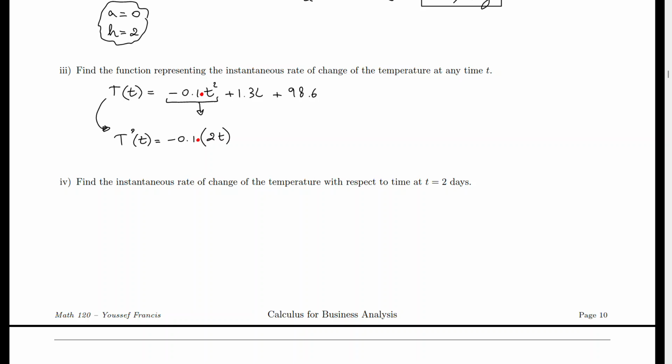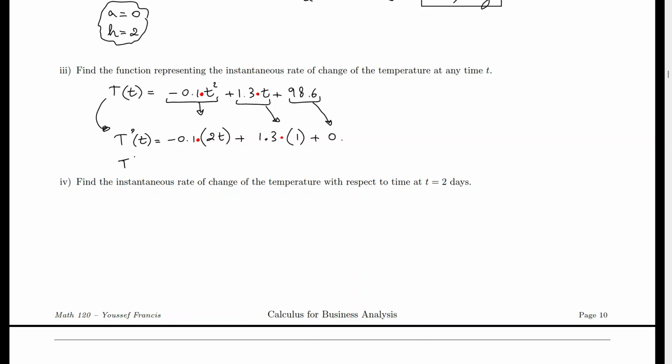Similarly, between the 1.3 and the t in the second term, there's multiplication. So again, the 1.3 goes to the right, and then we multiply by the derivative of t, which we said previously is just 1. And finally, the derivative of 98.6 is going to be 0, because that is a constant all by itself, and whenever you have a constant by itself, the derivative is 0.